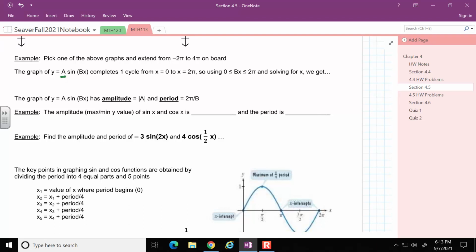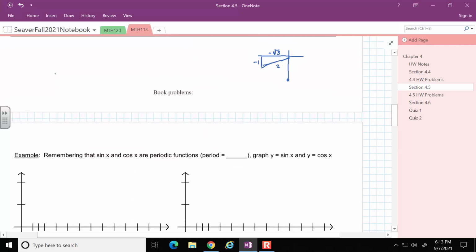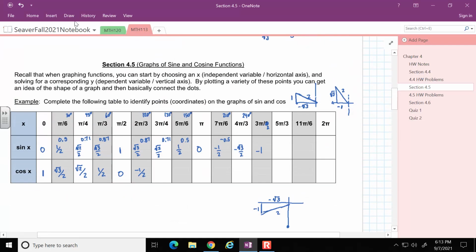If I go back up to my values and made this, say, 2 sine of x, then this is still 0, and this would be 0.5 times 2, which is 1. So I'm just doubling each of these, making it twice as tall and twice as much in the negative.